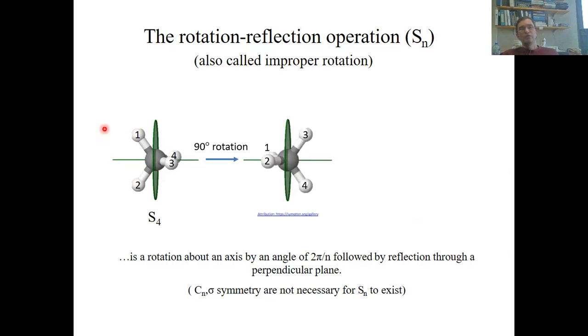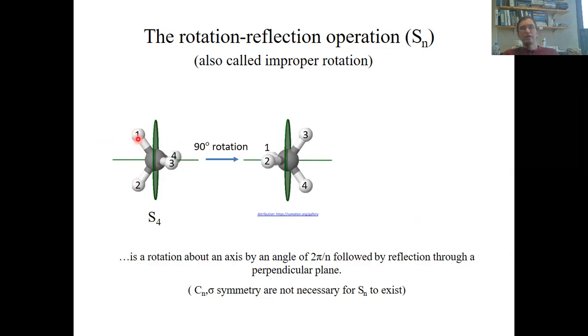Okay, so first let us do just the 90-degree rotation, and we do the 90-degree rotation always counterclockwise. So regardless whether we rotate around a proper rotational axis or an improper rotational axis, by definition, we always rotate counterclockwise. Okay, so let's do this.